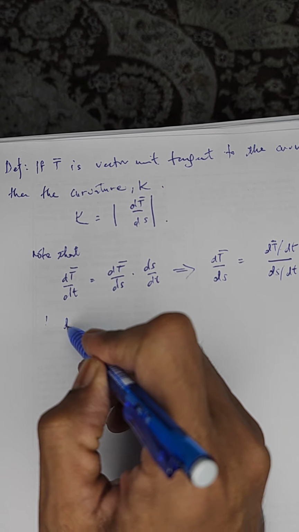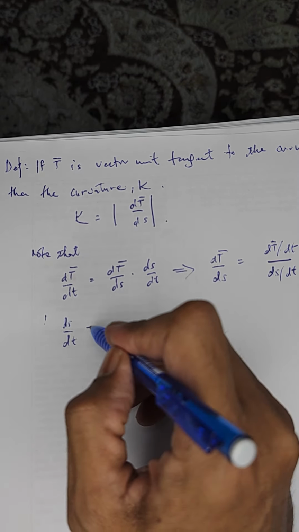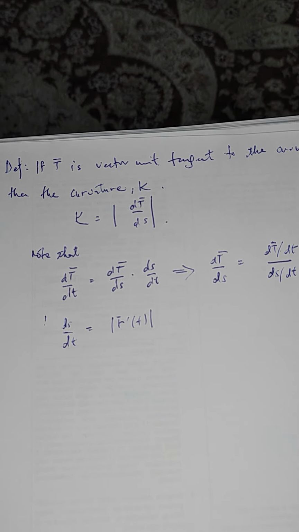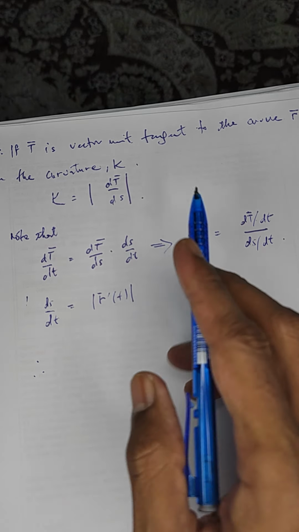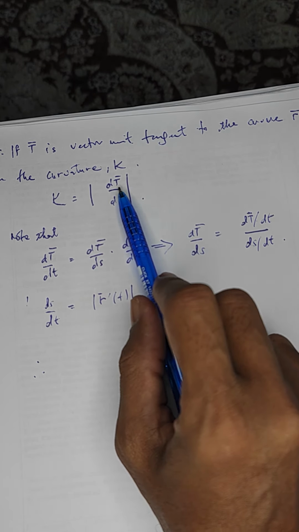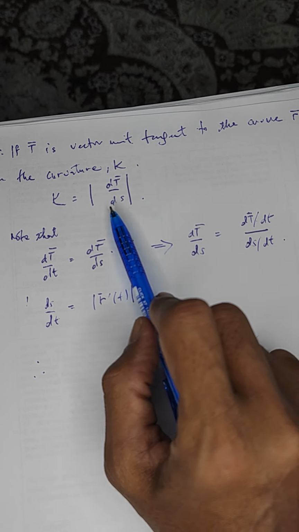Also we have ds/dt. What is ds/dt? ds/dt is the magnitude of r'(t), which we define as the magnitude of r'(t). Therefore, using this definition, the unit vector T is a function of t, but this derivative is with respect to s.